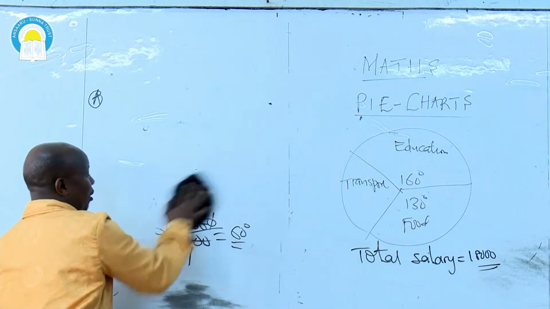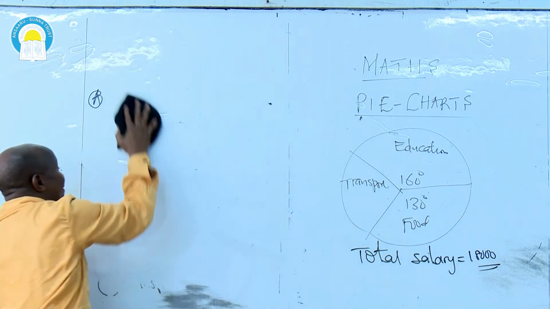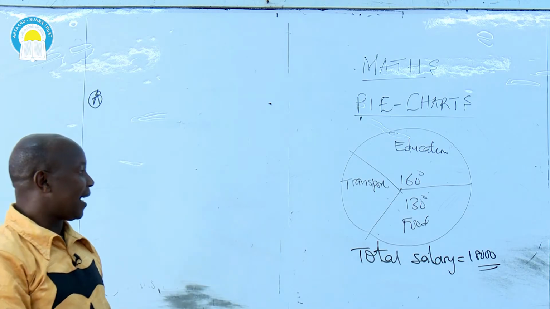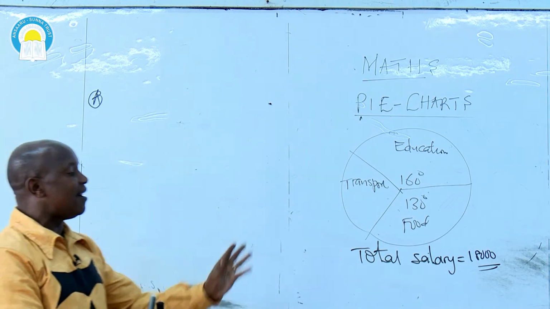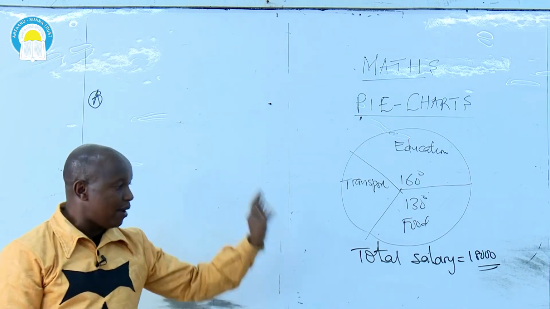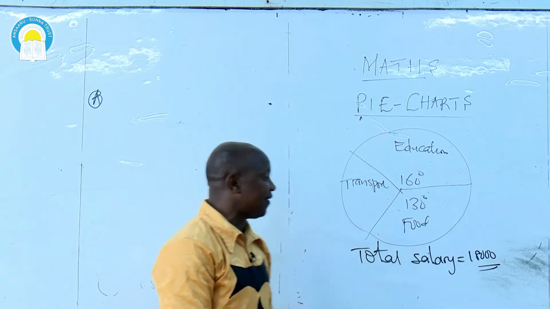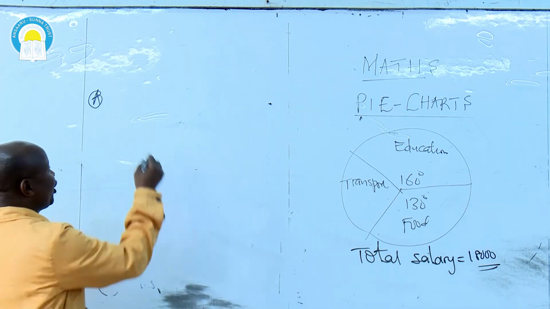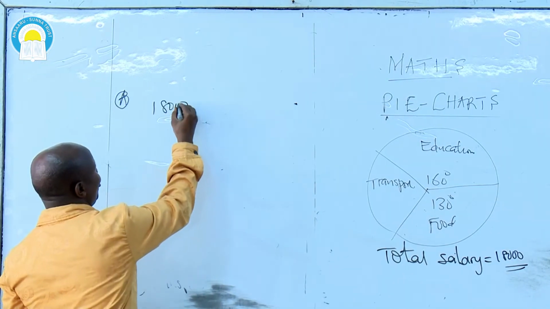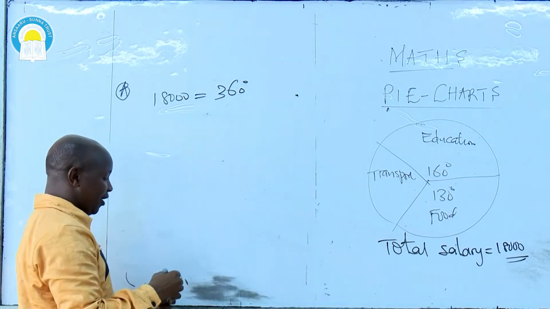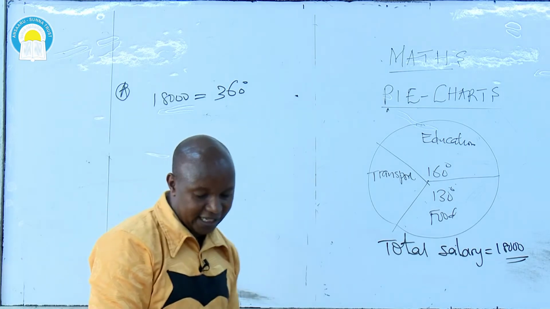Let us work out that problem so that you relate what I've taught and what is being tested nationally. I said you must have a single stem that you will derive all the answers from. If the total salary is 18,000, in terms of a pie chart, the total salary is equivalent to the total number of degrees in a pie chart, which is 360 degrees.